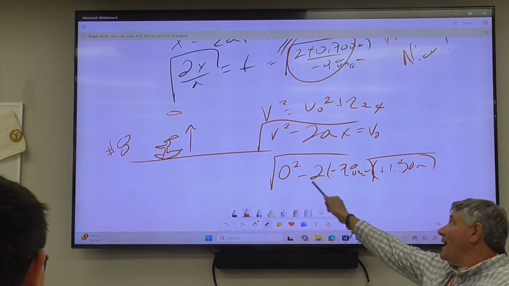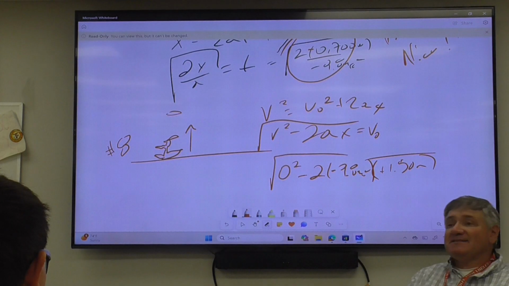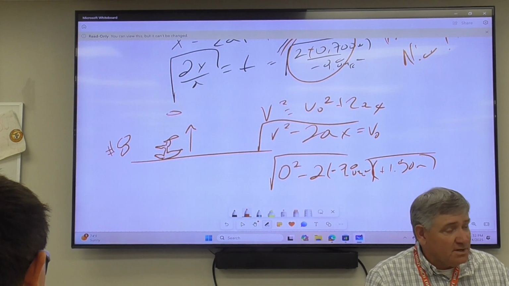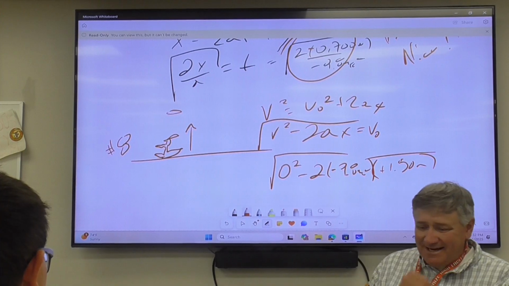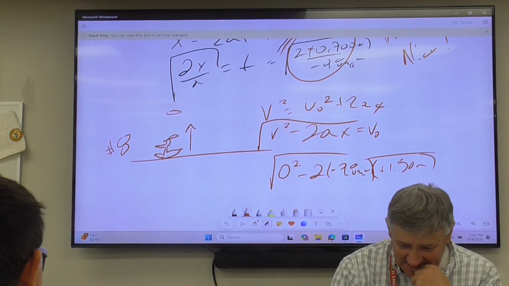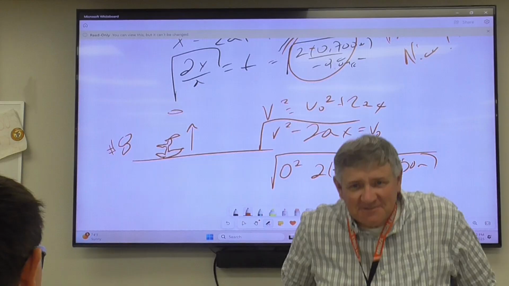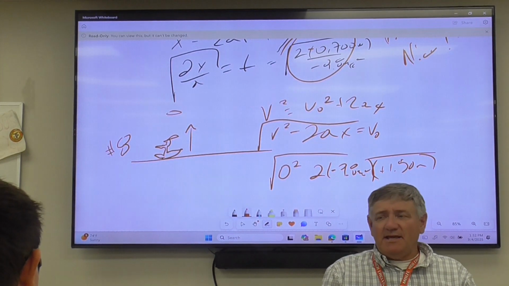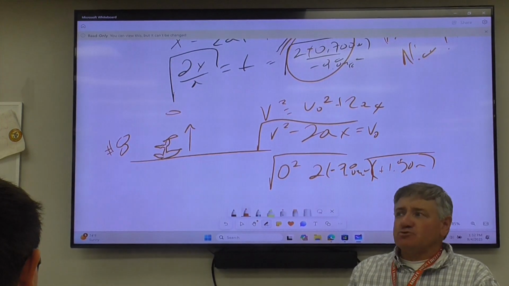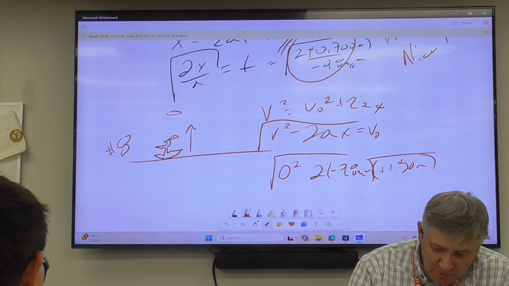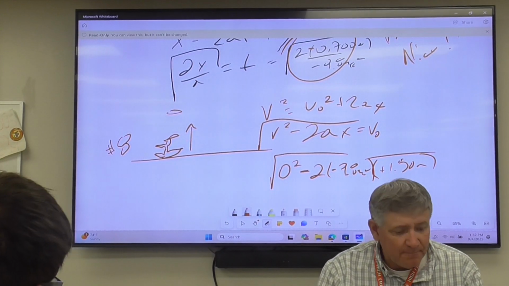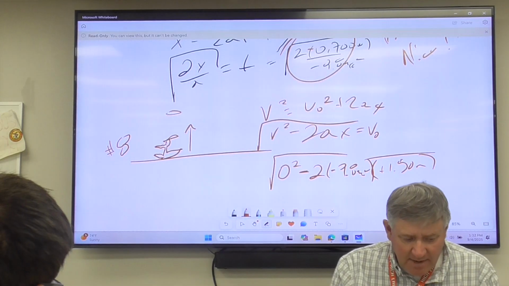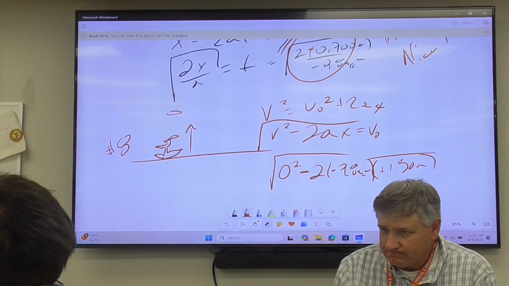I have 0 minus a negative number, which makes it positive. So it all fits, okay? You don't have to randomly go, man, I got an awkward negative sign. Okay, there, problem solved. I'll just erase it, okay? No, if you find yourself randomly marking out negative signs, bad, something is wrong, okay? You define something wrong. So, your initial velocity on number 8 should be around 5 meters per second, okay?